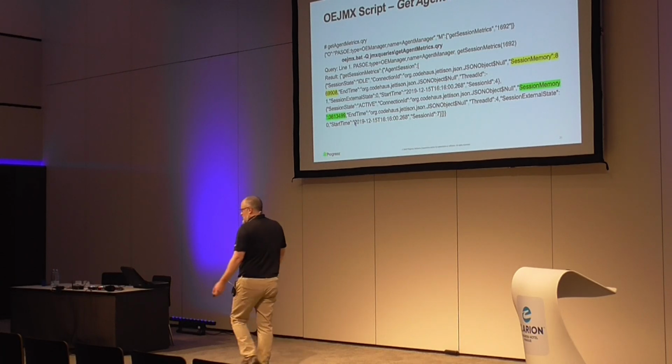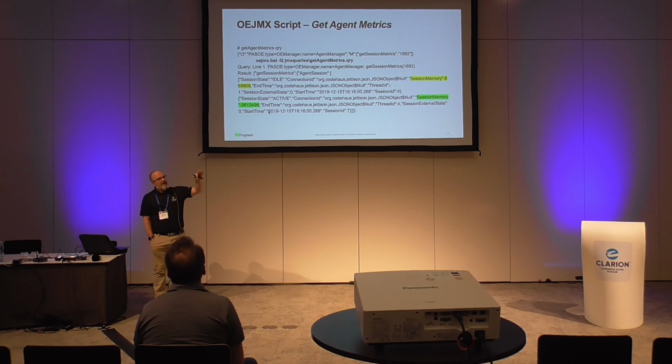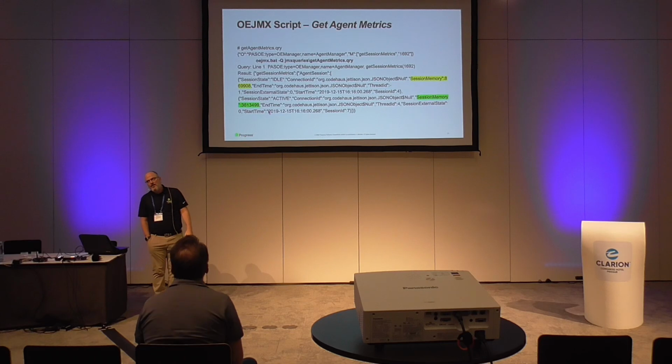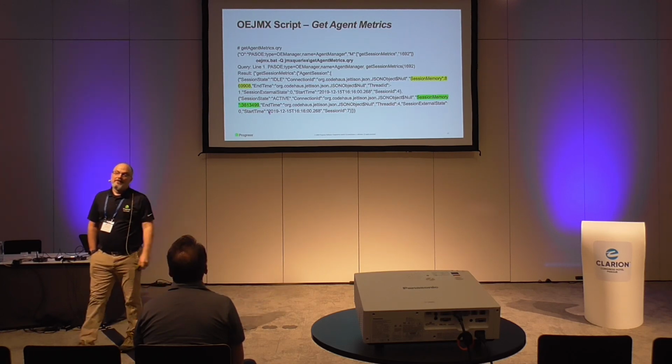What this should mean to you is, in classic days, I had session 1, 2, 3, 4, 5, and I could go off and do a PS and see all that memory being consumed for each individual PID. What you're going to end up with now is that one PID with all of these sessions eating up all of this RAM inside of that one PID.